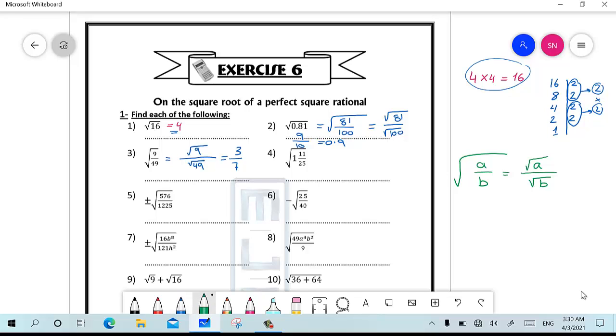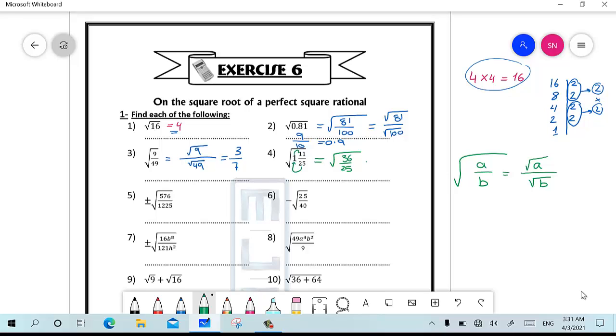Going now for number 4. First, I'm going to change it to be an improper fraction. So 25 by 1, this is 25. 25 plus 11, this is equal to 36. So now I have square root of 36 over 25.